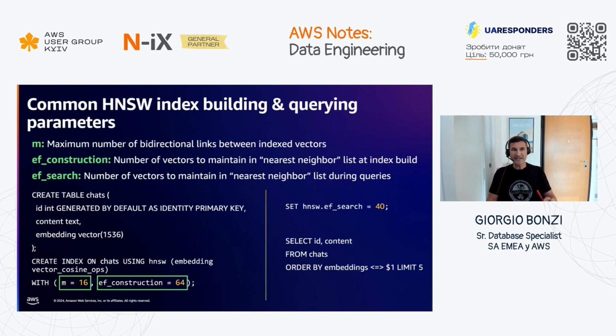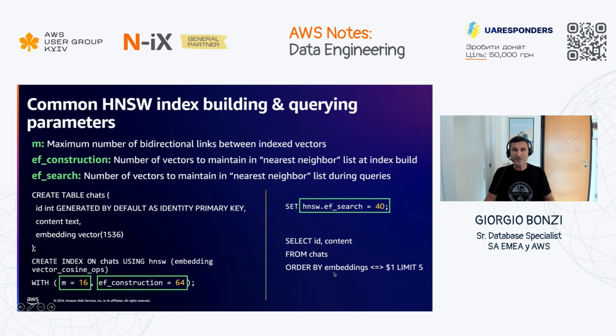After the index creation, we can execute a similarity search. And before executing the query, we can specify the parameter ef_search, in this case equal to 40. As you can see, when we execute the approximate nearest neighbor search, we have to specify the same distance operator used to build the index, in this case the cosine operator.